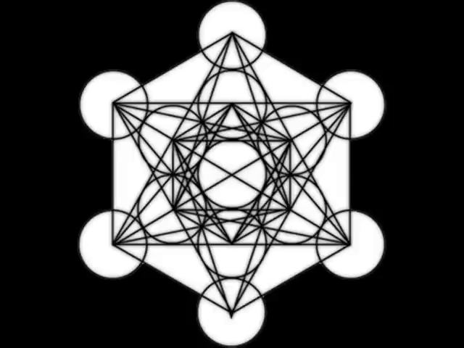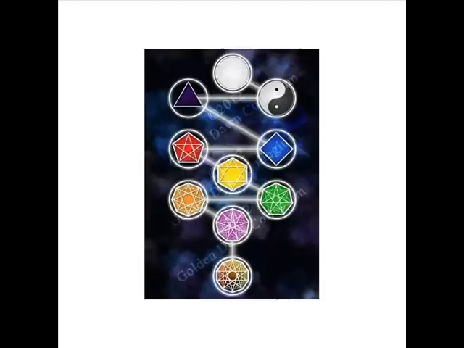Now, the reason I wanted to go through that tonight is because it's talking about how the process of creation took place through these basic types of symbols, through numbers, letters, and words.